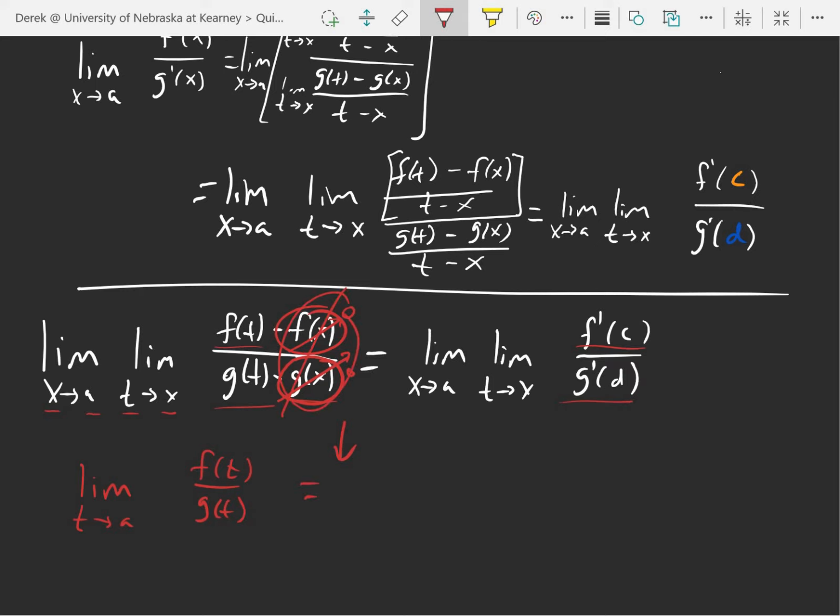And this side is equal to the limit as, well, c is between t and a, so c also has to go to a, and d is between t and a, so d has to go to a, and so this is also the limit of f prime at t over g prime at t, by continuity again, as t goes to a, and that's where we get L'Hopital's rule, if this exists.